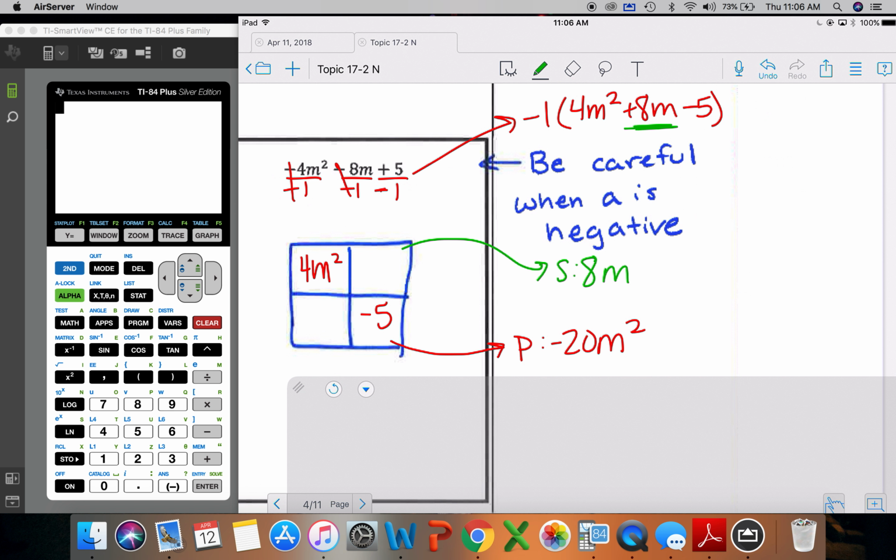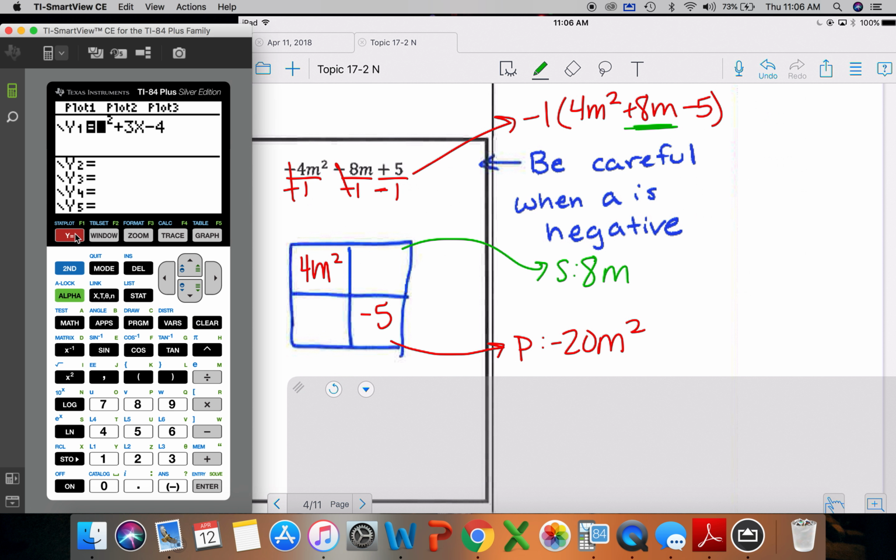So my sum is the 8m. I'm now looking for two numbers to put in these two boxes that will multiply to a -20 but add to 8. So in y equals, I put my product of -20 and divide it by x to list out all of the factors.